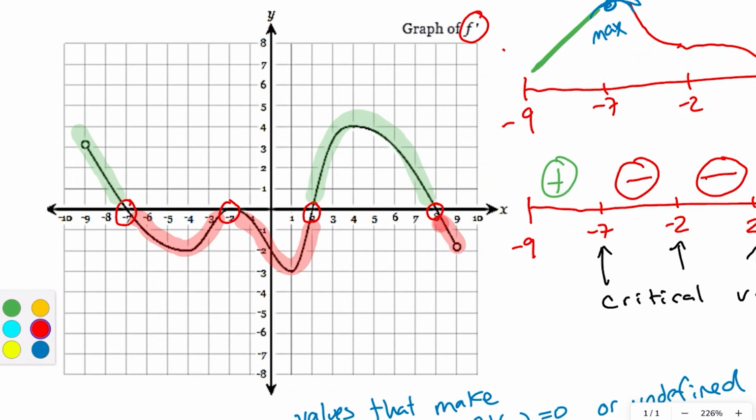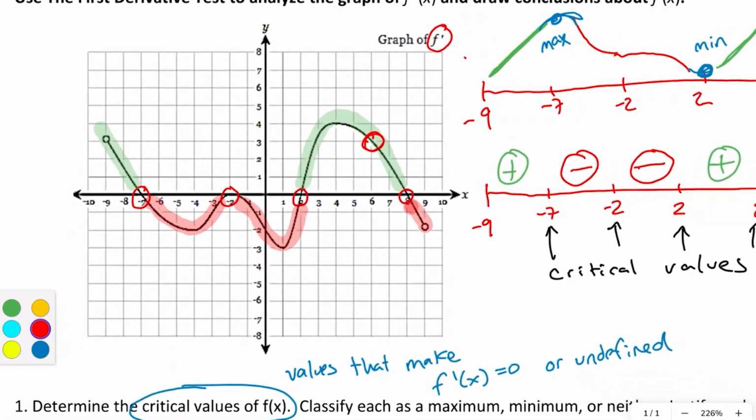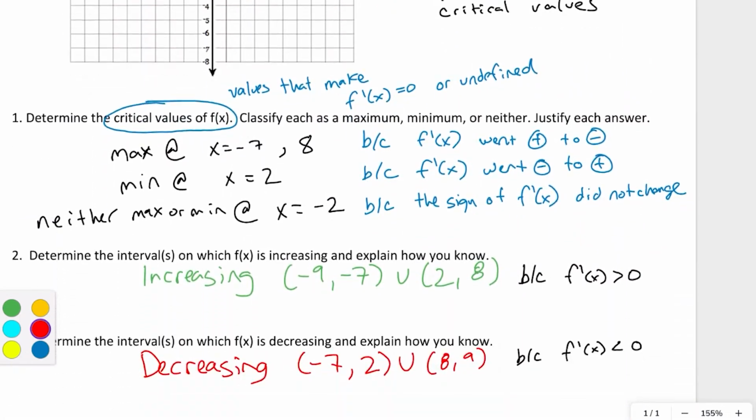The y value of this function here describes the slope of the original function f. So the slope of f when x is 6 is 3. So the slope's just going to be 3.